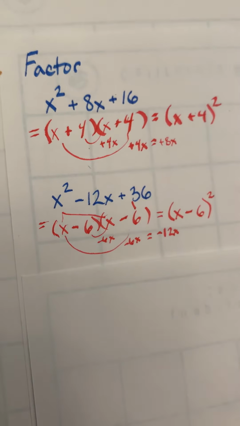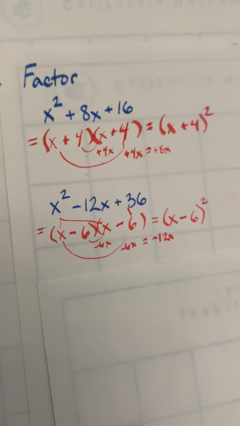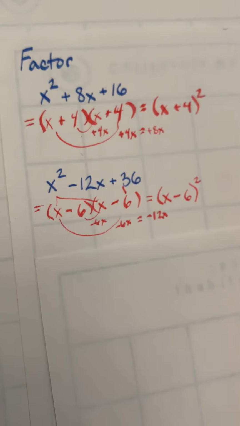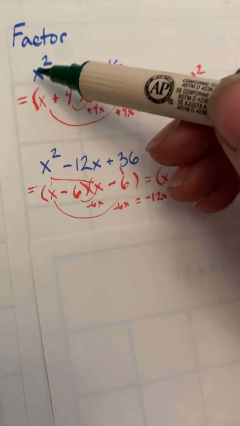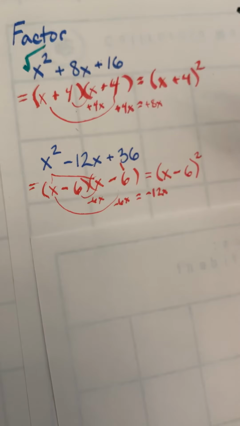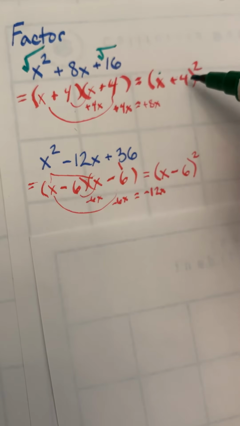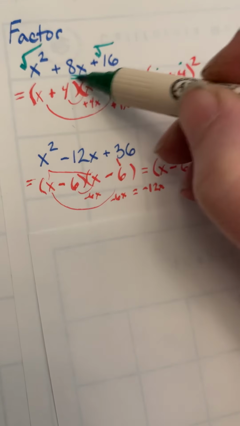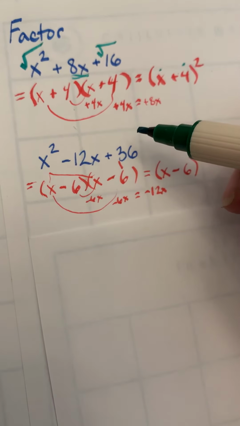Okay, I know that was pretty fast, but it should have been review, I hope. Now we look for a pattern. So, shortcut. Square root of the x squared gives us x. Square root of the 16 gives us the 4. In order to get the 8, these are exactly the same, so we double it.